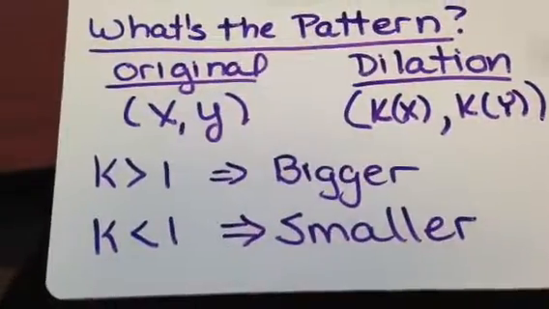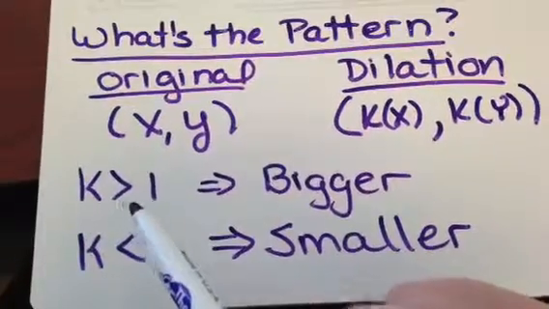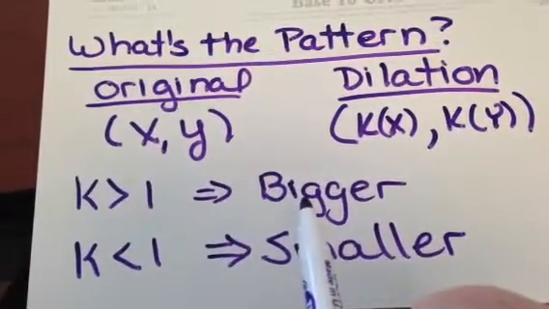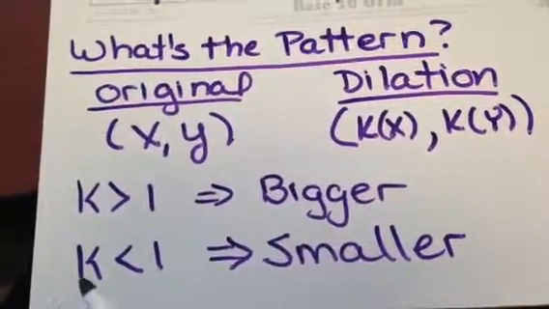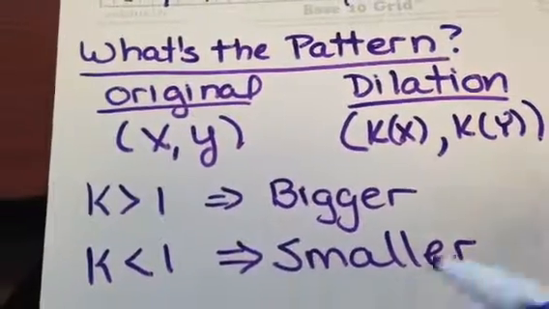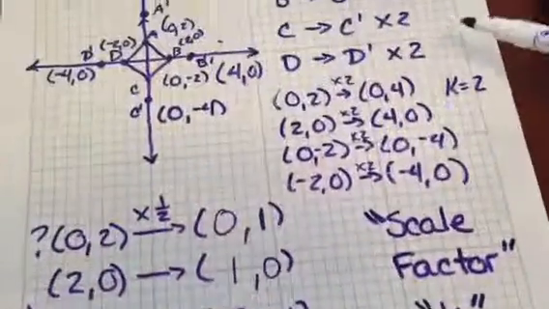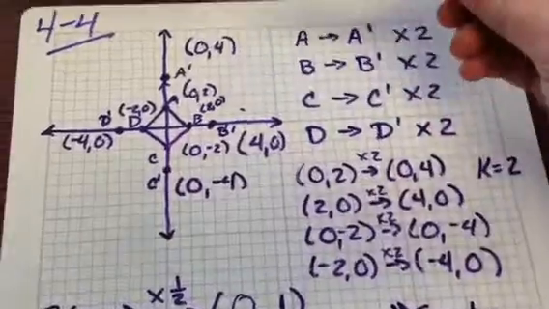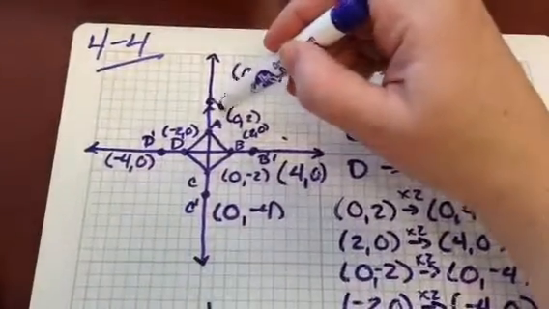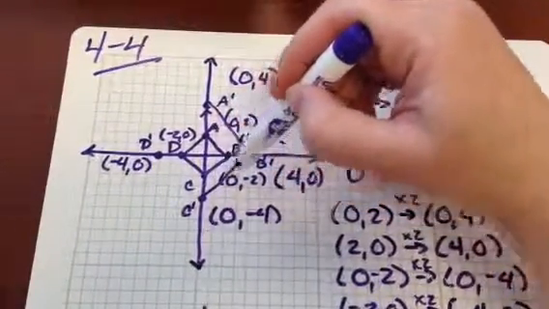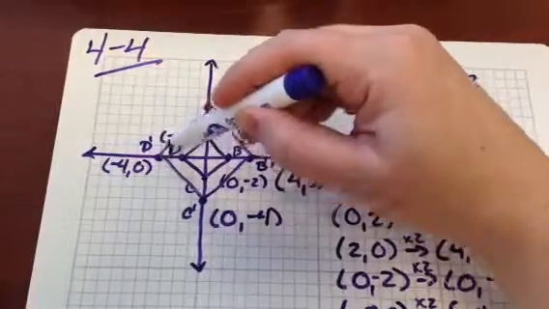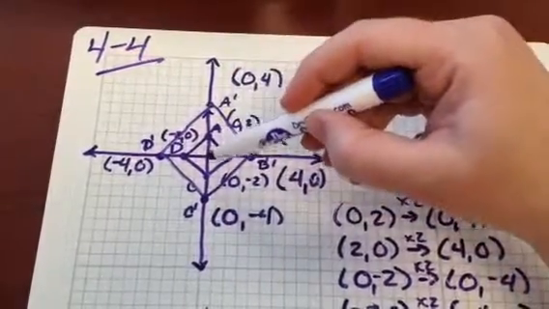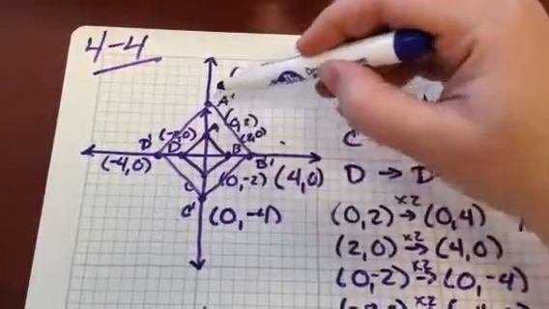And one thing you can notice is that if k is greater than 1, the picture gets bigger. If k is less than 1, that picture is going to get smaller. So here, if we connect these lines from A prime to B prime to C prime to D prime and back to A prime, you see that it went from a smaller square up to a bigger one.